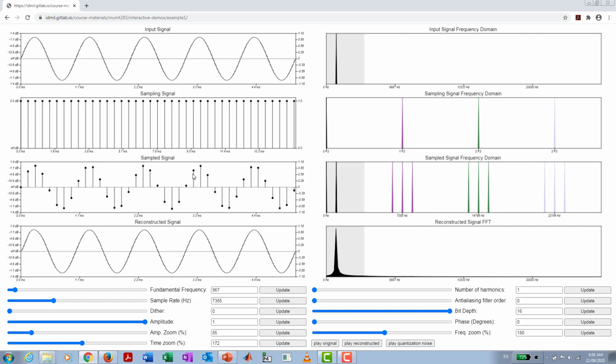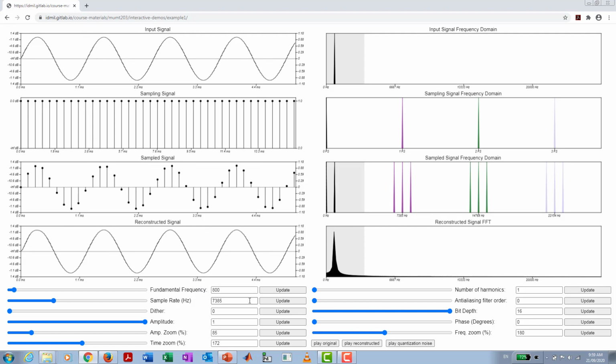This multiplication causes the appearance of these images of the signal. So let me make the signal 800 hertz, to make it simpler. This 800 hertz signal will appear around every single one of these pulses in the frequency domain. And don't forget, the positive side, but also the negative side, which we are not showing here.